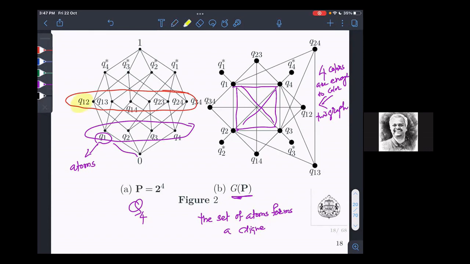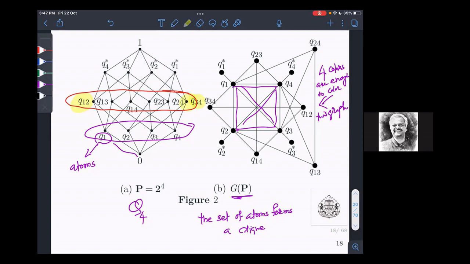If Q1 is my singleton 1, Q2 is singleton 2, Q3 is singleton 3, and Q4 is singleton 4, then Q12 will be the doubleton 1, 2. Q13 will be doubleton 1, 3, and so on. Q12's complement is Q34, so I'm throwing it out.